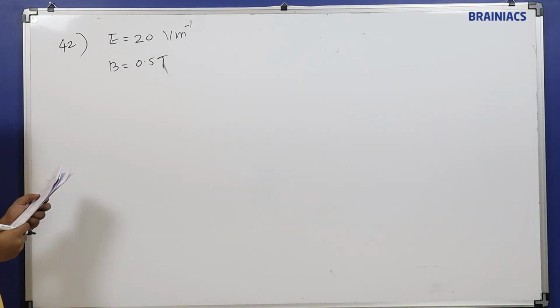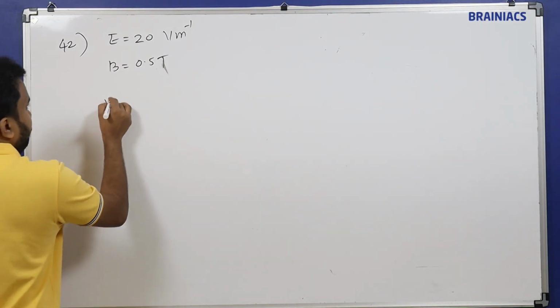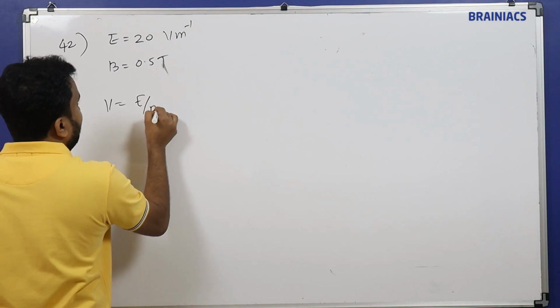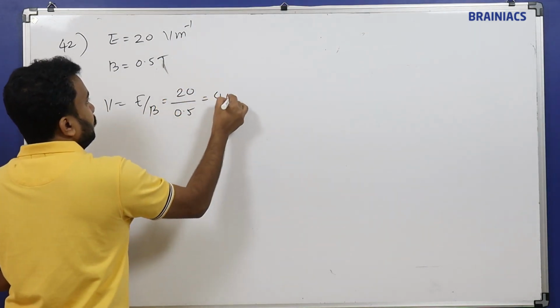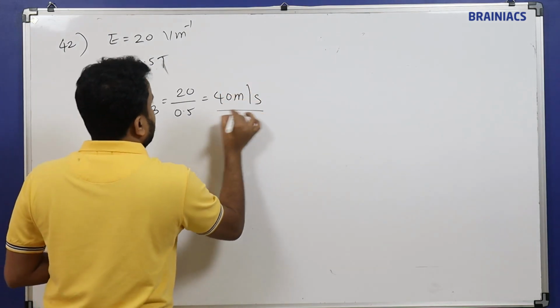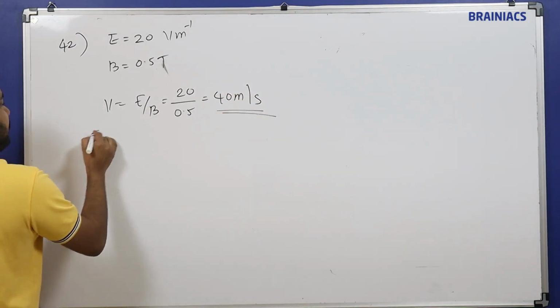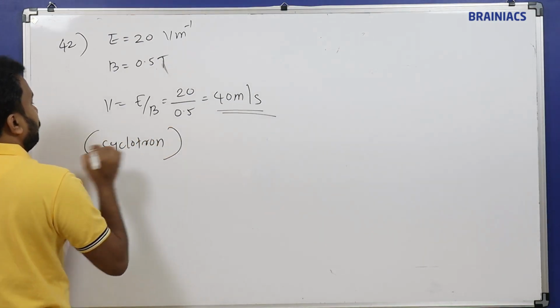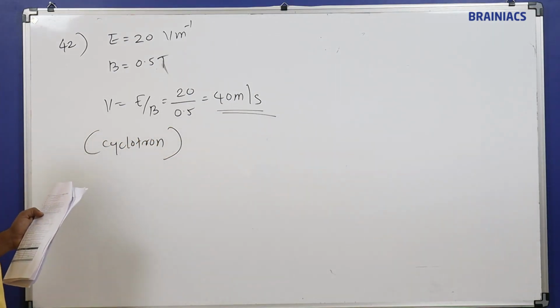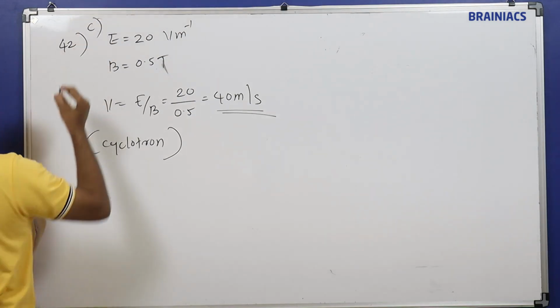Both are at right angles to each other and to the motion. Then the velocity of the electron will be equal to E by B, which is 20 divided by 0.5, equal to 40 meter per second. From where have we learned this concept? We learned it from the cyclotron. Straightforward question. 42, answer is C.